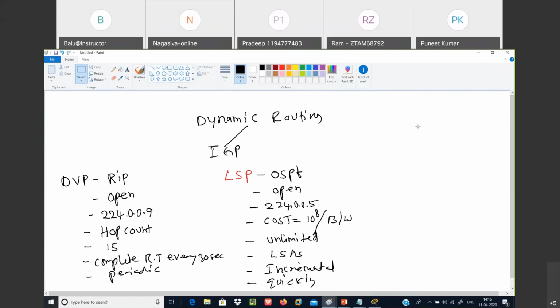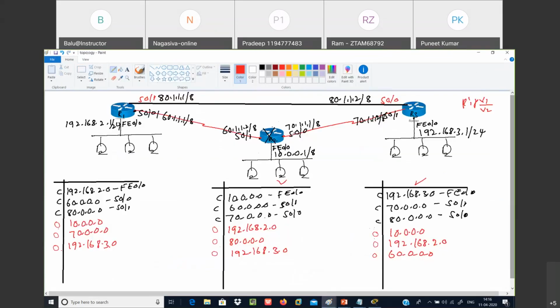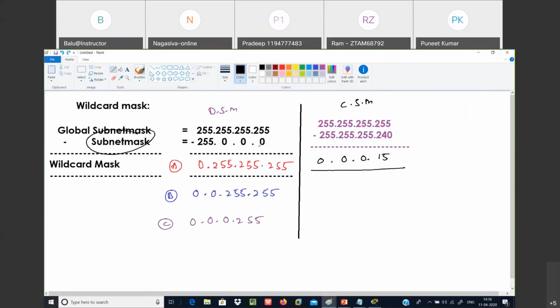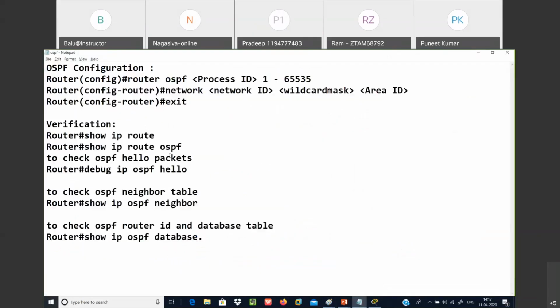So these are all the topics we have already discussed. Do you have any doubts regarding these topics? Everyone is clear? And we have discussed the wildcard mask formula: global subnet mask minus subnet mask, like the class A wildcard mask, class B wildcard mask, class C wildcard mask. And the configuration of OSPF: router OSPF process ID, network ID, wildcard mask, area ID.